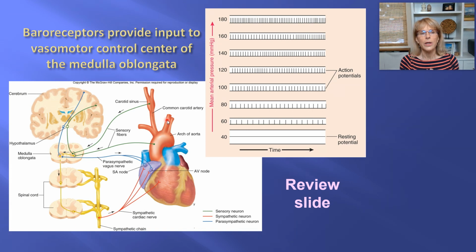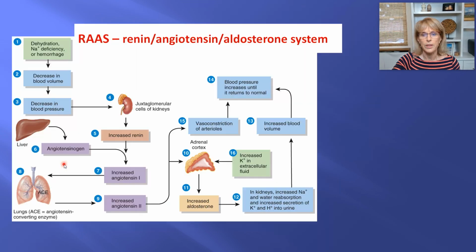Also a quick review, as baroreceptors are measuring blood pressure, if it's too high we would have a fast signal rate that would cause the medulla oblongata to decrease sympathetic stimulation and increase parasympathetic stimulation, which would end up decreasing cardiac output. If blood pressure is too low, we've got not enough signal rate, that would cause the medulla oblongata to increase sympathetic stimulation and decrease parasympathetic stimulation.